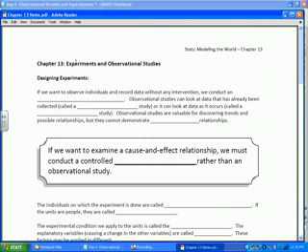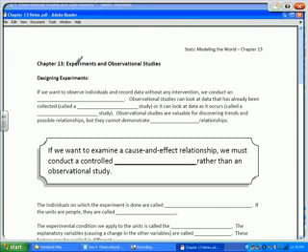Okay, let's go through the vocabulary. You ready? Our Chapter 13 quiz is going to be next class period, and then we'll also spend half the class doing some practice AP problems in this area.